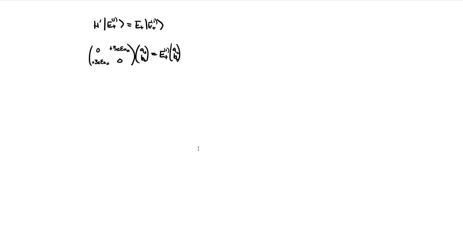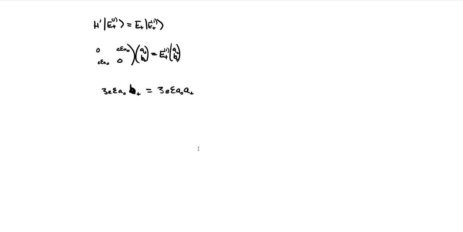This equation gives us 3 E epsilon a naught times A plus, B plus. I know how to do matrix math. Is equal to 3 E epsilon a naught, that A plus, which is essentially, this is my mistake.